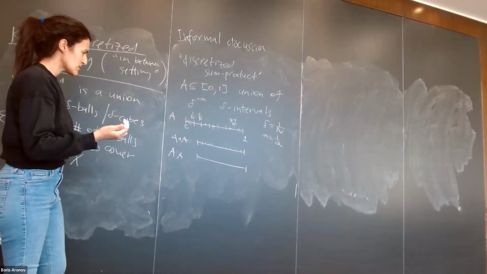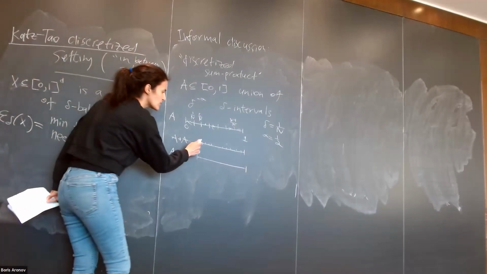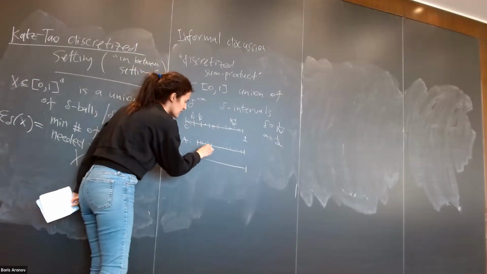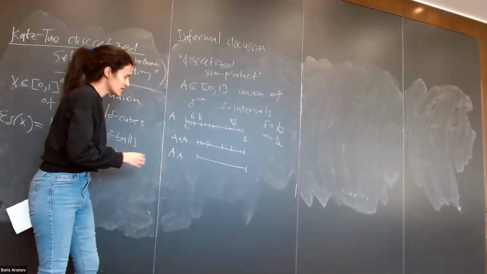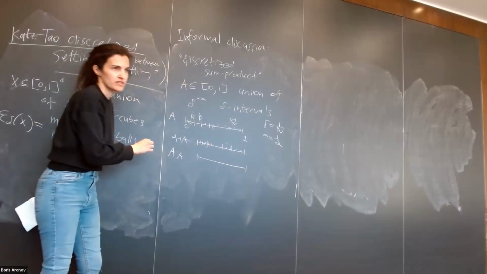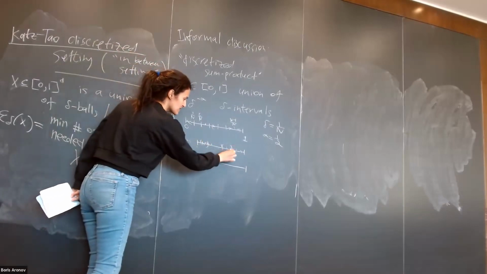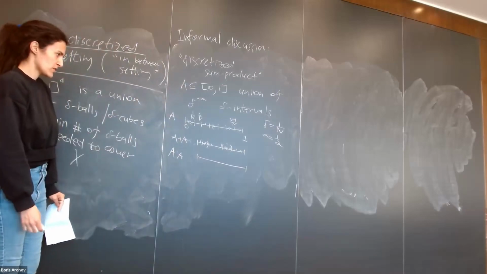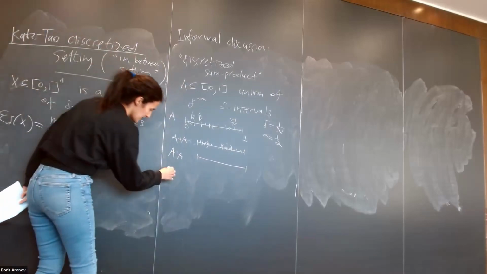But the question now is, even though we have many points in the sumset, when we try to cover them by delta intervals, maybe there are many distinct points, but maybe they're very close to one another. So when we cover them by delta intervals, we don't need too many delta intervals for the cover. Okay, so the new question will be: is it true?